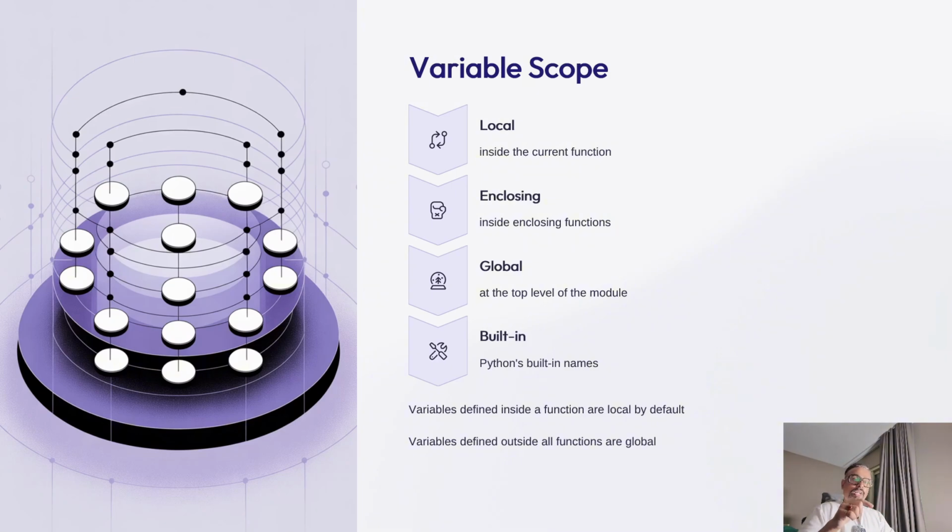It is going to create a local variable inside the new function. Understanding scope is crucial for avoiding unintended side effects in large machine learning projects where many functions might use similar variable names.